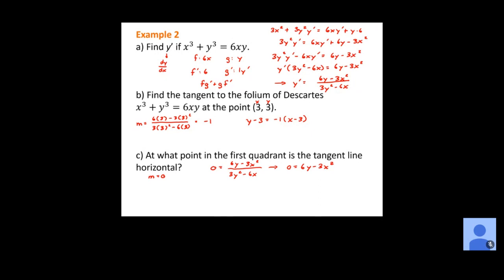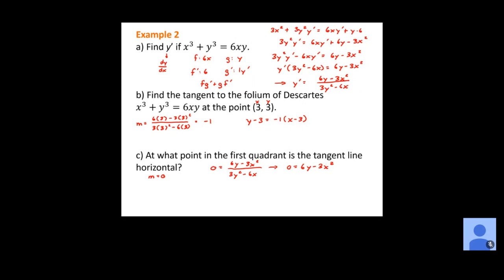The only issue here is that we've got two different variables. Normally we would just have an x, factor, and solve for x, no big deal. This time, though, we're going to have to do a little bit more work to think about what point this would represent.